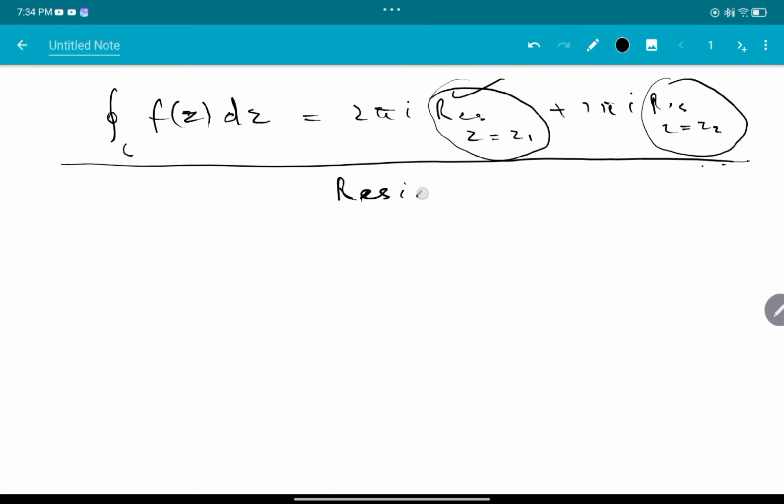If you are finding the residue at a pole, then there is one formula for that.